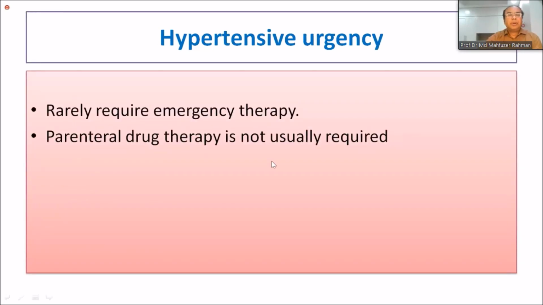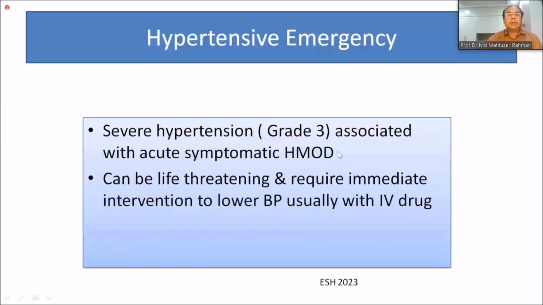It rarely requires emergency therapy. Parenteral drug therapy is not usually required in hypertensive urgency. But in hypertensive emergency, there is severe hypertension associated with acute symptomatic hypertension-mediated organ damage. It can be life-threatening, and it requires immediate intervention to lower blood pressure, usually with IV drugs. This is the hypertensive emergency.